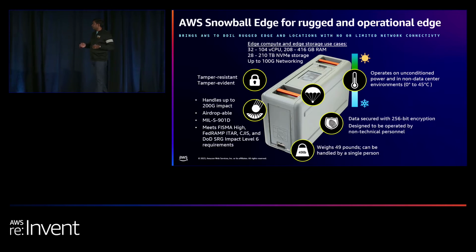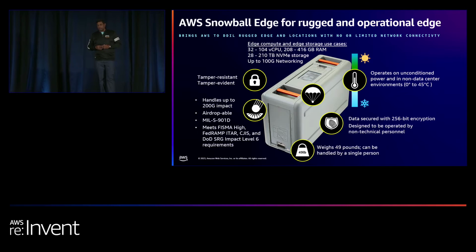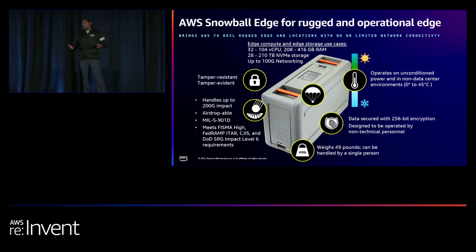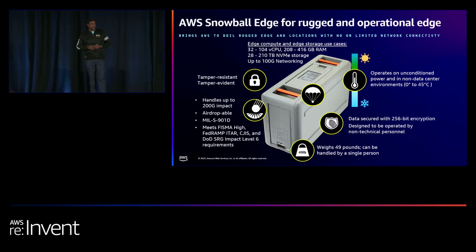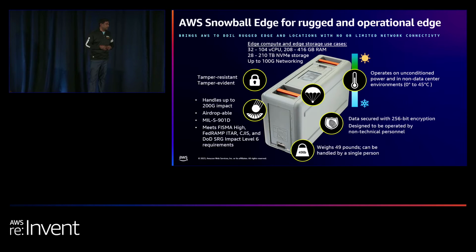As you can see, it's got a rugged enclosure, and that rugged enclosure, with the NVMe storage on the device, means you can operate a Snowball Edge in motion in places where there's vibration. Think about a back of a truck, on a transport aircraft, on a ship, and other areas where there's vibration.